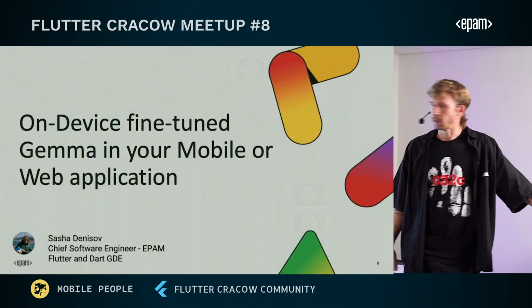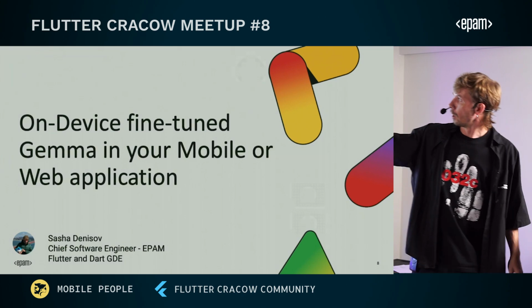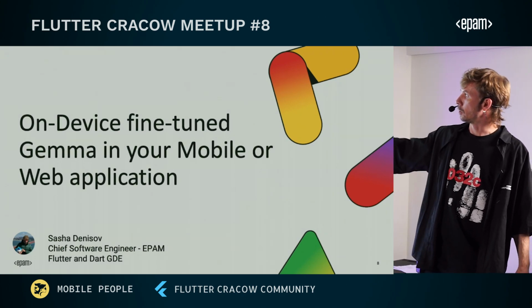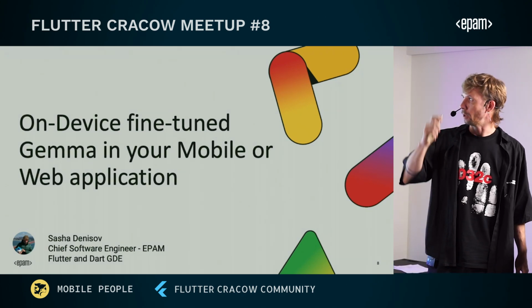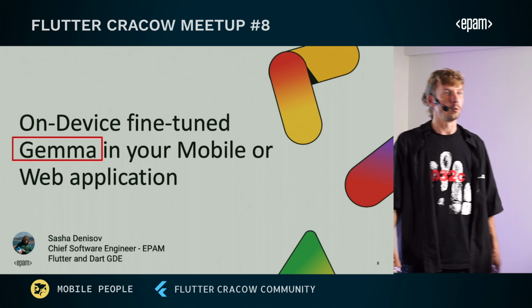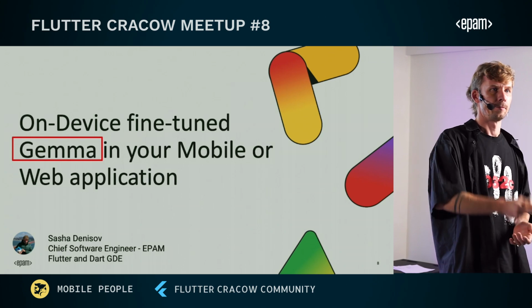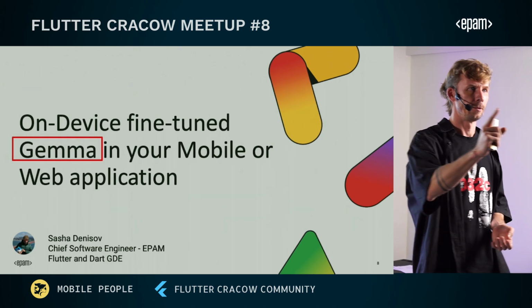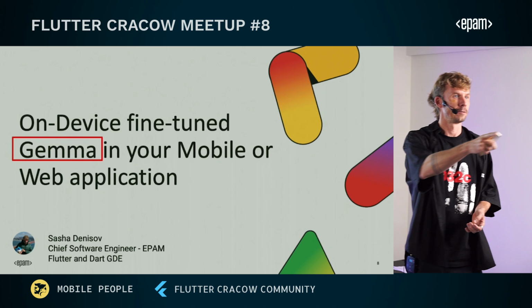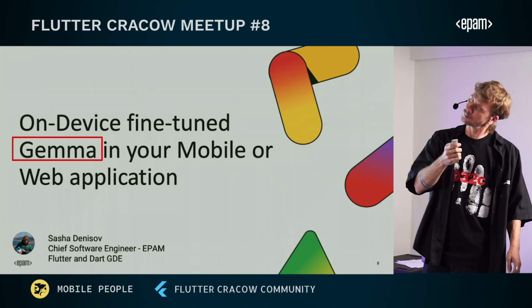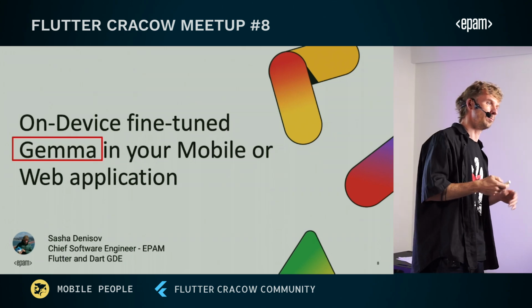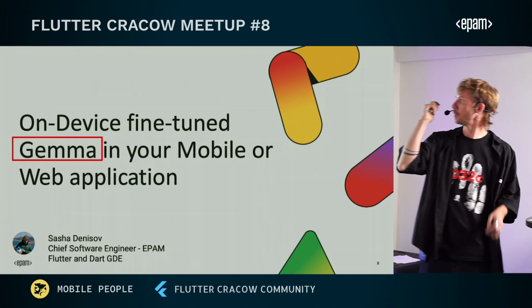Okay, let's come back to the topic. On device fine-tune Gemma in your mobile or web applications. Who knows what Gemma is? One, two, okay, three, four. Nice. I hope after my talk it will be more. The amount will increase.